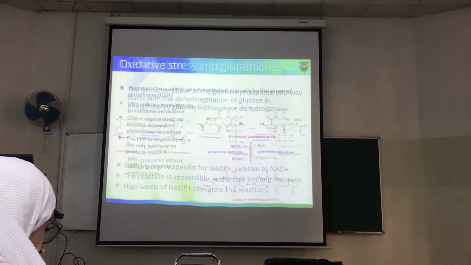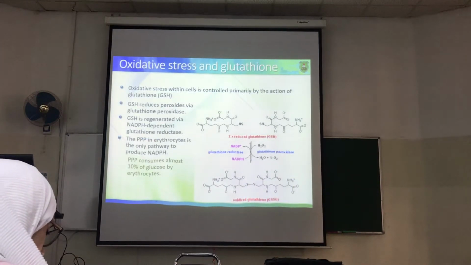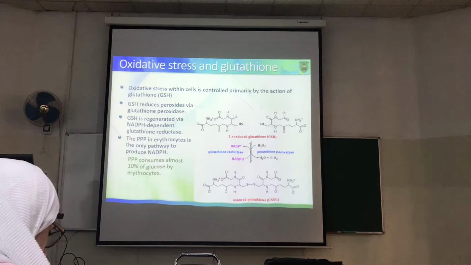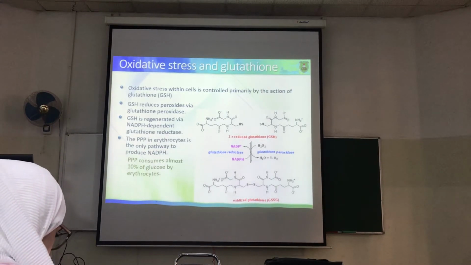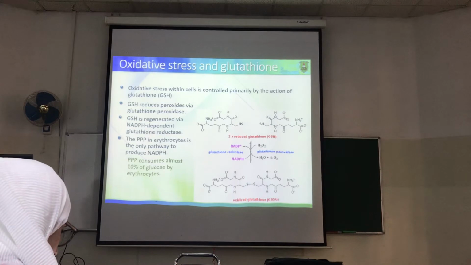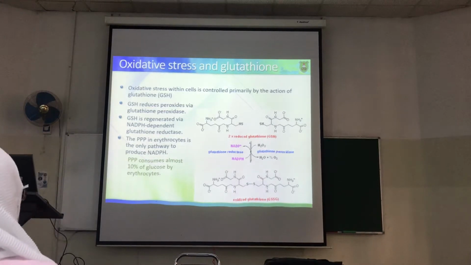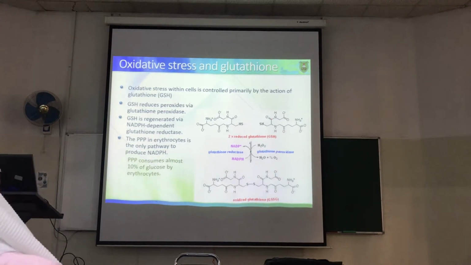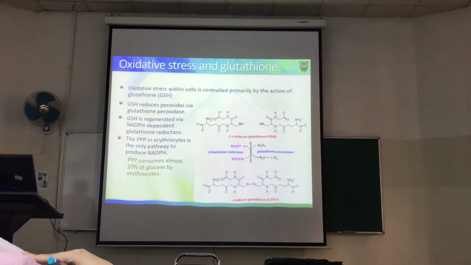It is important for regenerating the glutathione molecule. Glutathione is an antioxidant. It protects cells from the oxidizing agents, from the oxygen radicals, and so on. So regenerating the glutathione is really important, and it requires NADPH.